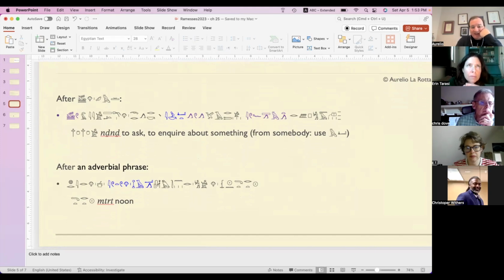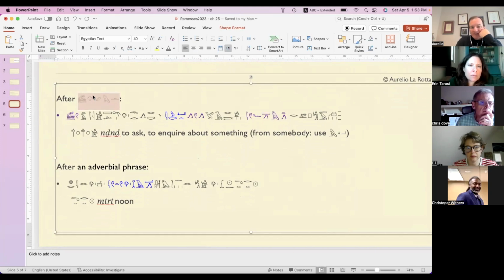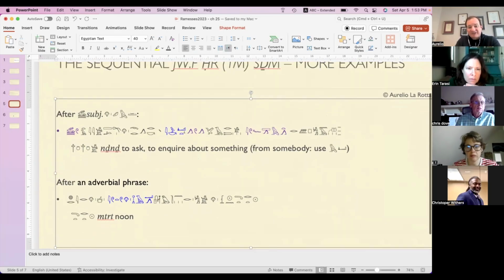So this is a fixed expression. Once you would need a subject here. Sorry, I didn't put the subject in here, but once somebody hears something, then something, and that then something is also with the sequential. While everything we had so far was in a past narrative context, that's not the only way you can use it. You can also use it in this construction.